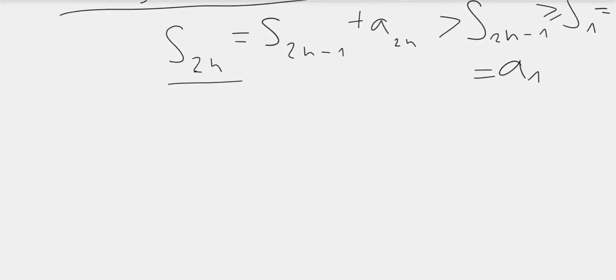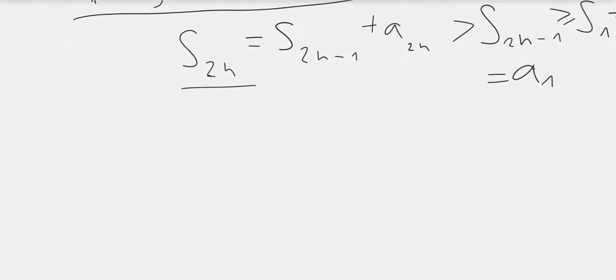It's a well-known theorem that if a sequence is monotone decreasing and bounded from below, then it converges. So we conclude that S2n converges.